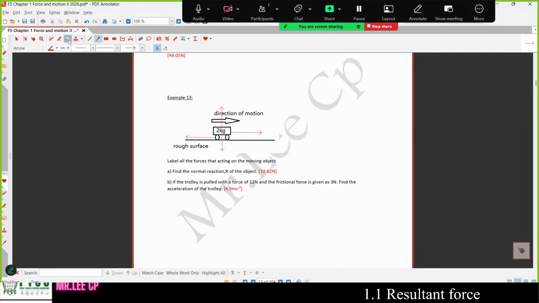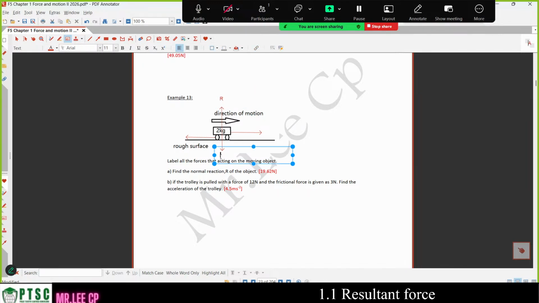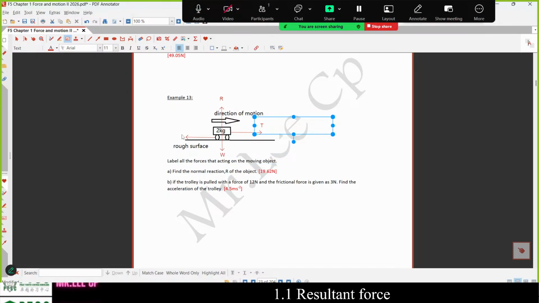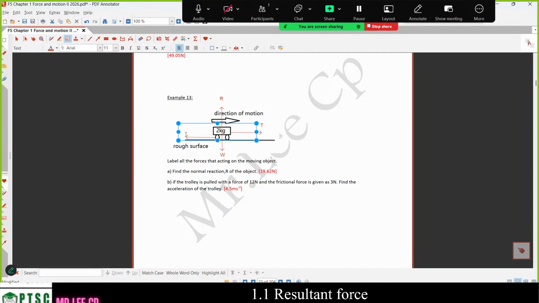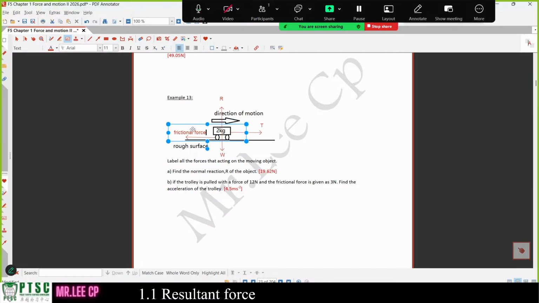So I label all of these: this one R, this one is W. This one normally we name it as T. This one, like what I told you, if I write here, it will be frictional force. Because frictional force is very long, when you want to write the equation it is so hard, so we will write mu.